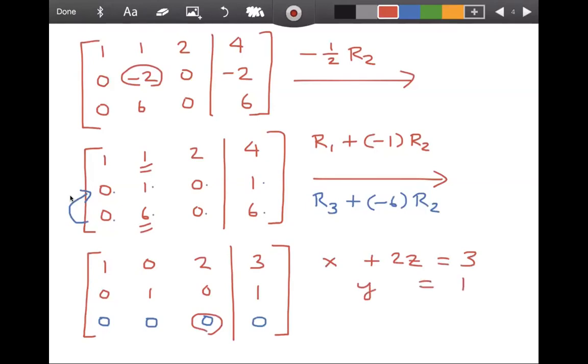So the way that we write the solution is we say that z can represent any real number. Let me see if I can squeeze this in here. Z is any real number.